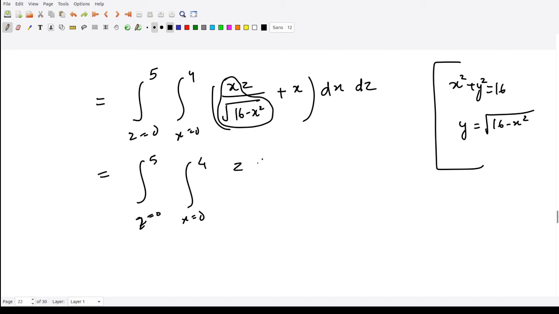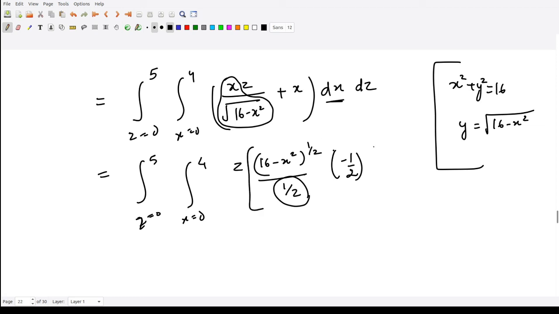It would be 16 minus x square raised to power 1 by 2 divided by 1 by 2, right, into minus 1 by 2. That 1 by 2 is because of power, and this 1 by 2 is because of the quantity x dx, right? And here the limits of integration are from 0 to 4, dz would be as such. So this is after performing this integration.